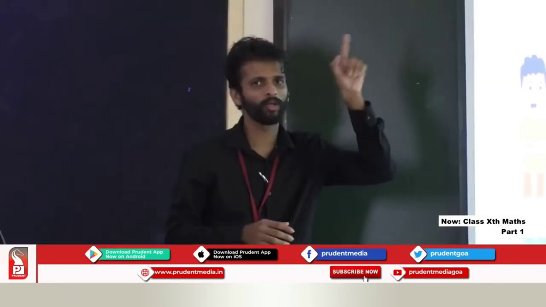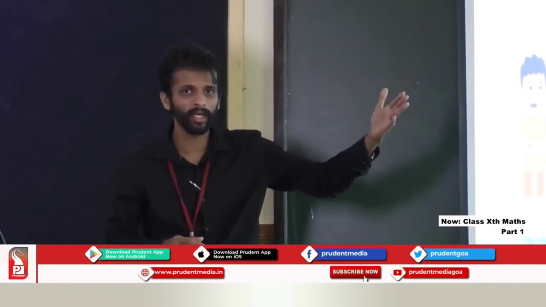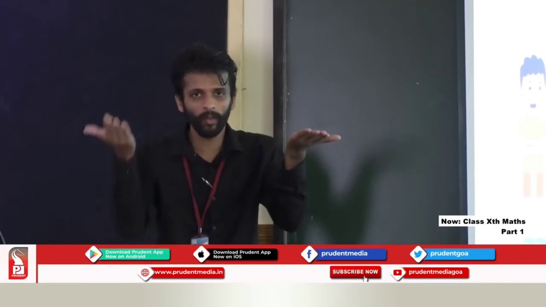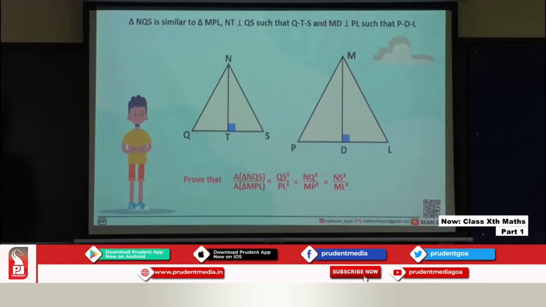That's the only information, because sometimes you can have a perpendicular height, I told you in the previous proof, that it can be outside the triangle. In this case, it is not that way. It is telling you that T is in between Q and S. Then next, MD is perpendicular to PL such that P-D-L, that means D is in between P and L. Then if this condition is satisfied, you are supposed to prove that area of triangle NQS upon area of triangle MPL is equal to the square of the ratio of their corresponding sides.